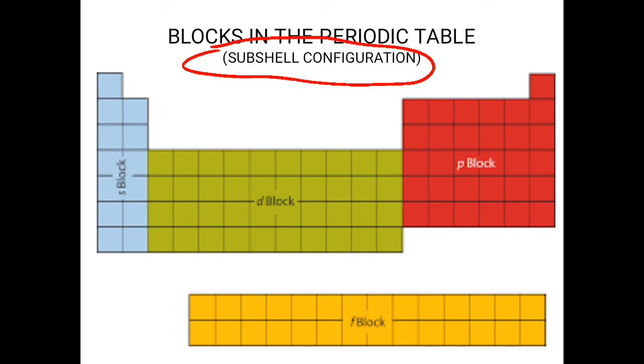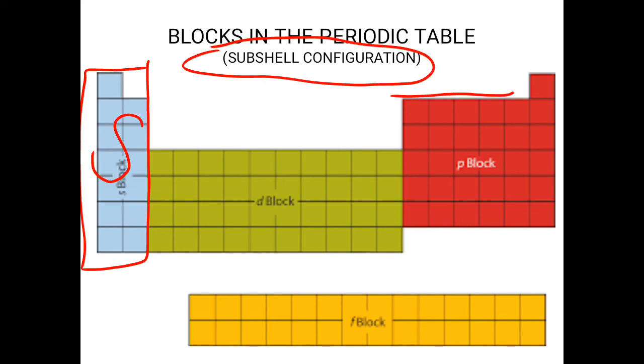Each shell, or energy state of electrons, is further classified into subshells, which are S, P, D and F. The elements in which the outermost electrons are residing in the S subshell are placed in another block, which is called the S block.